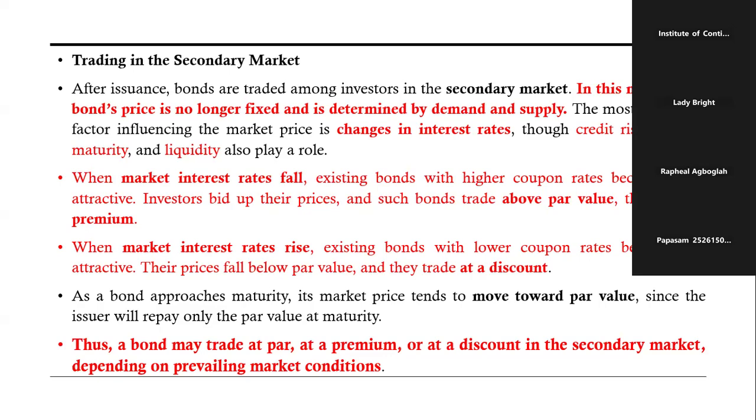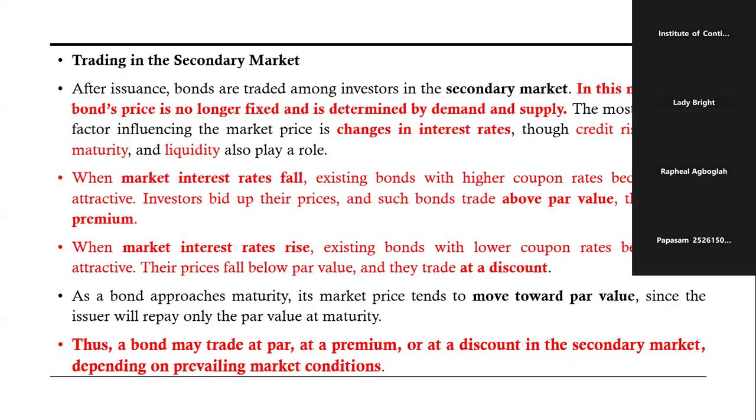But if you want to buy a bond in the secondary market, and you realize that the price has changed from the par value, what do you do? How do you determine that?